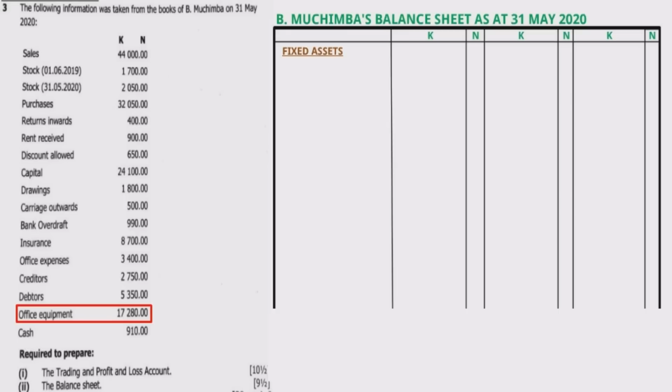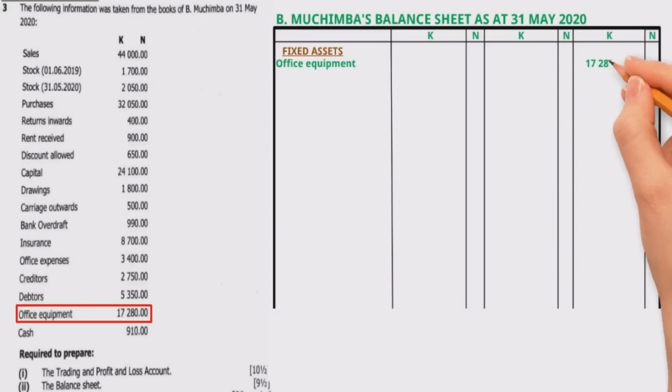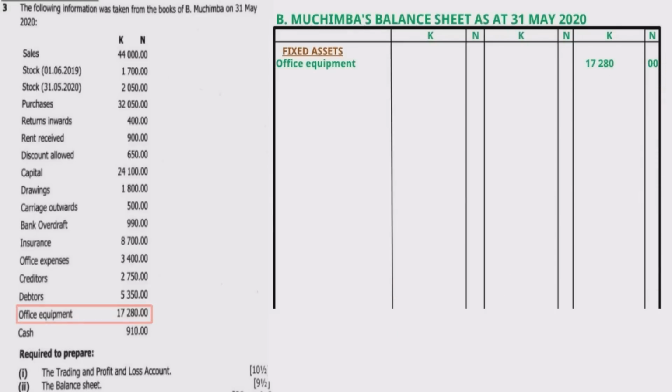Office equipment is 17,280. So I'm going to write office equipment, which is 17,280. Once I've done that, I'll check for other fixed assets. Fortunately, the only fixed asset we have there is office equipment.